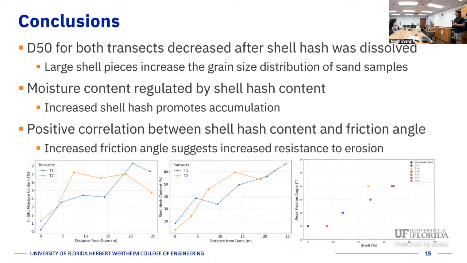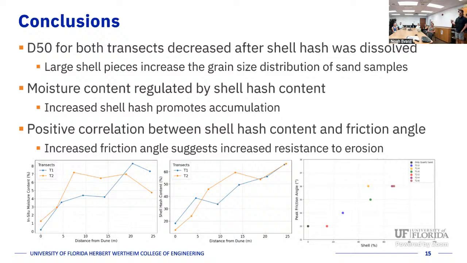For the moisture content, we noticed that it might be regulated by the presence of shell hash. This is likely due to the fact that it creates larger voids and allows for better drainage of water. But as we saw, once we got shell hash over about 60%, we started to see the moisture content decreasing.